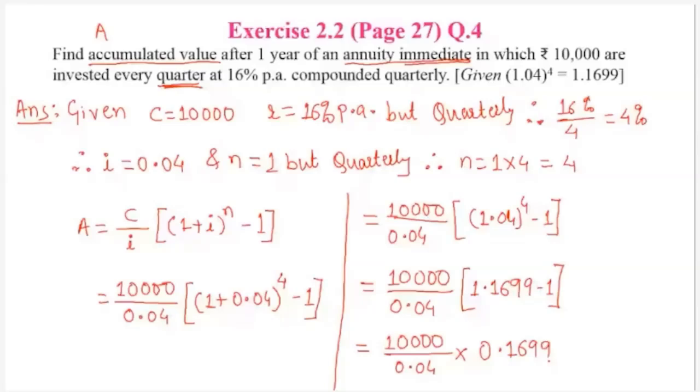Now next point, remove that decimal point. There are 2 digits after the decimal point. So in 10,000 add 2 more zeros. So that is equal to 10,000, add 2 zeros in that, divided by 4. Agreed?